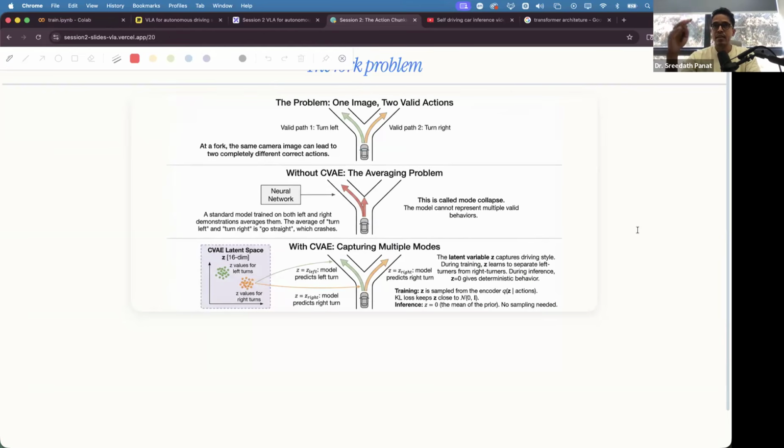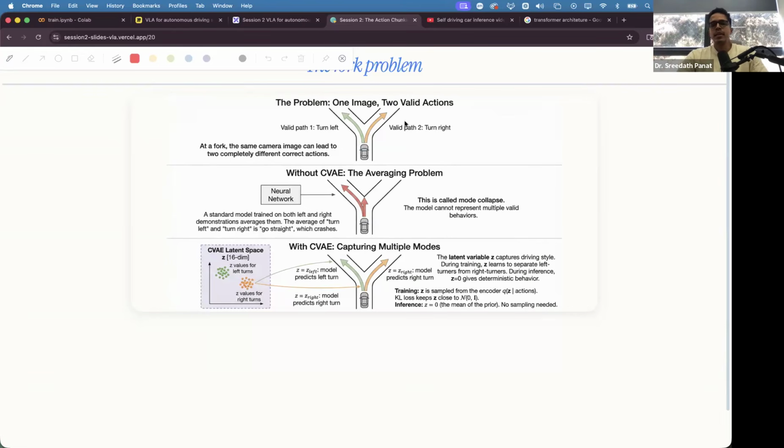I think this decision comes down to a few factors, like how powerful your inference engine is and how fast you want the next set of actions predicted. If it's your local computer, which might be very slow, you might want to decrease the number of tokens, the size of the chunk that you're predicting.